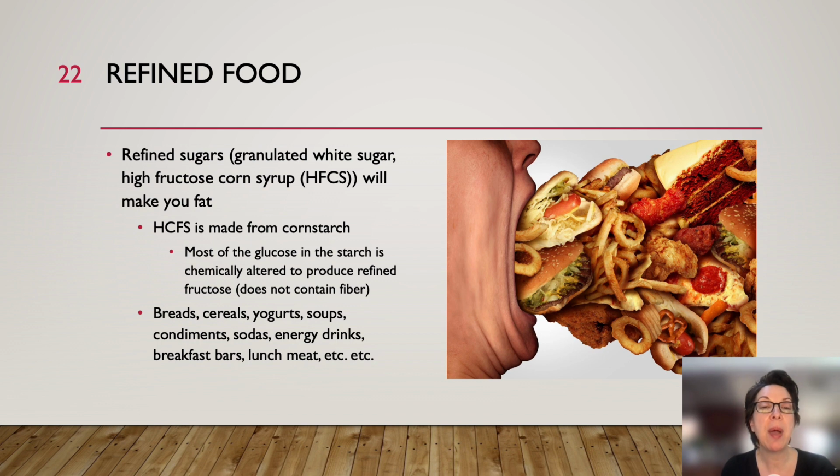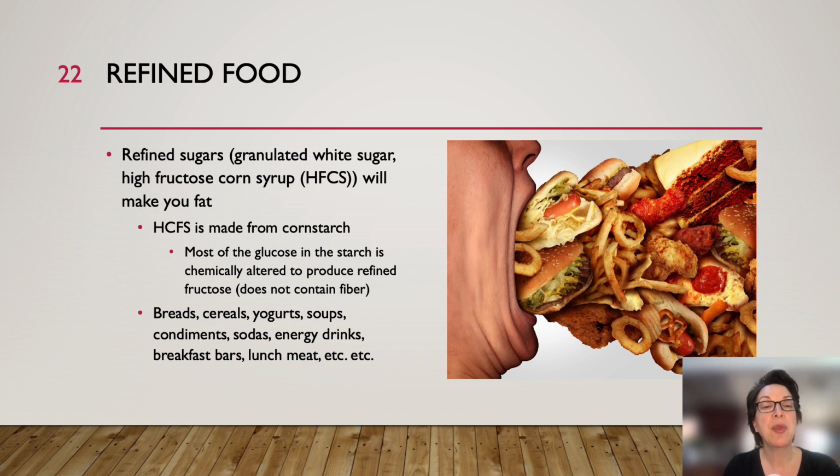And when we talk about refined sugars, we're talking about granulated white sugars, high fructose corn syrups, and refined sugars of those kinds that will make you fat. High fructose corn syrup is made from cornstarch. And most of the glucose in the starch is chemically altered to produce refined fructose, and this does not contain fiber.